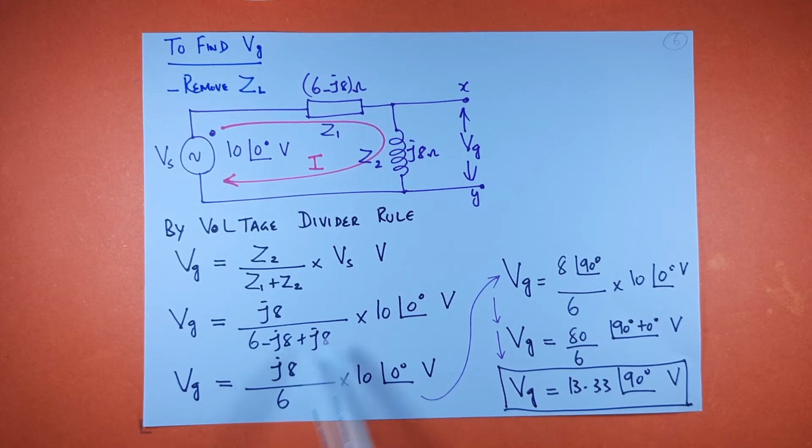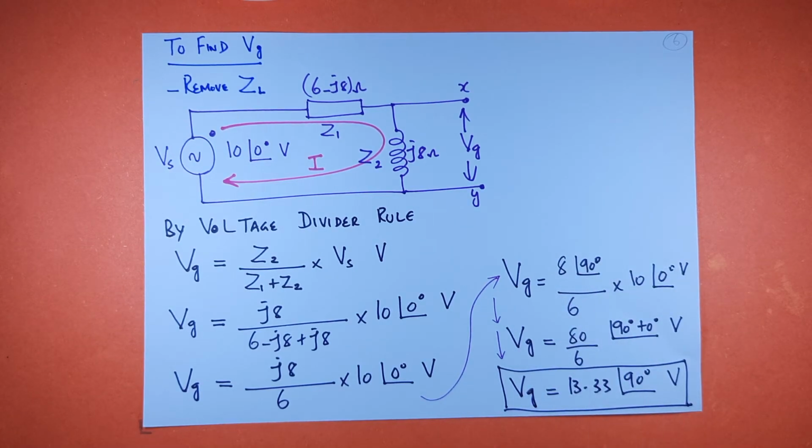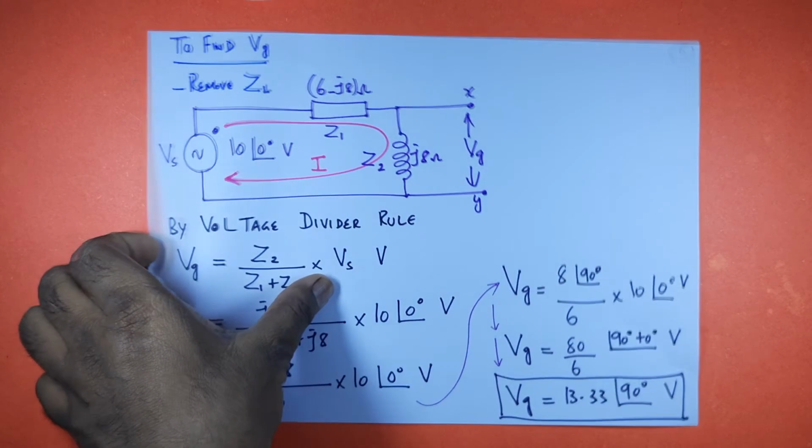So convert this into polar, so it is going to be 8 angle 90 divided by 6 into 10 angle 0. So this is 80 divided by 6, just add the angles, 90 plus 0. So the Vg equal to 13.33 angle 90 degrees volt.